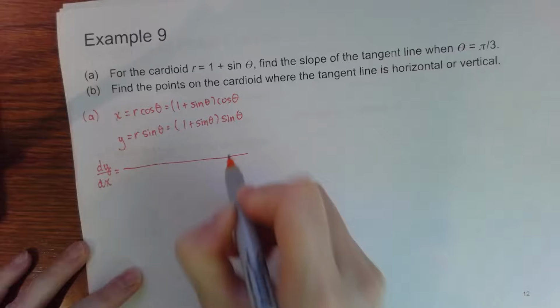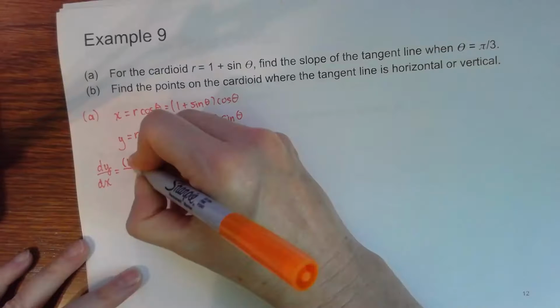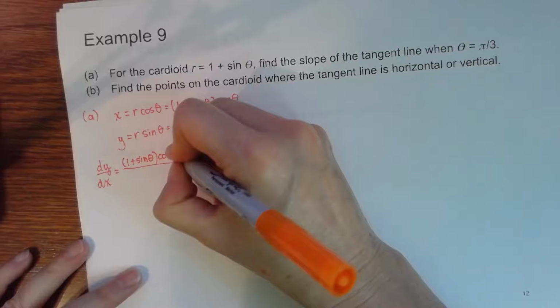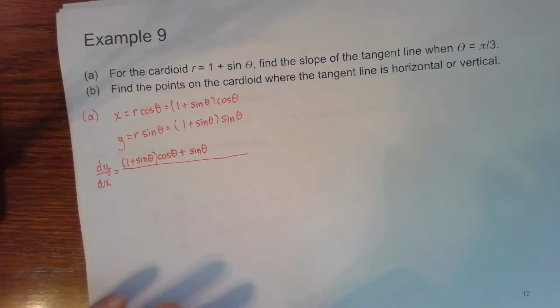Okay, so we're going to do the first, which is 1 plus sine theta, times the derivative of the second, which is cosine theta, plus the second, which is sine theta, times the derivative of the first, which is cosine theta.